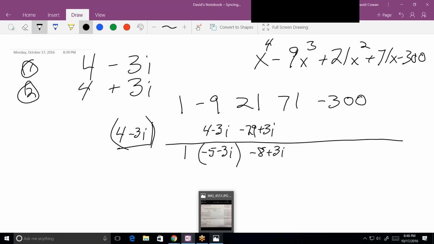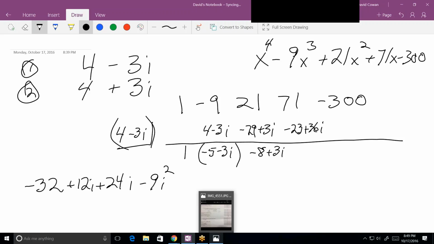And so now I multiply minus 8 plus 3i times now 4, we can do the same thing again. So what does that give us? Boy, I'm not sure this is easier or harder. Let's see. We got plus 12i plus 24i minus 9i squared. That's a plus 9, so that gives us negative 23 plus 36i.